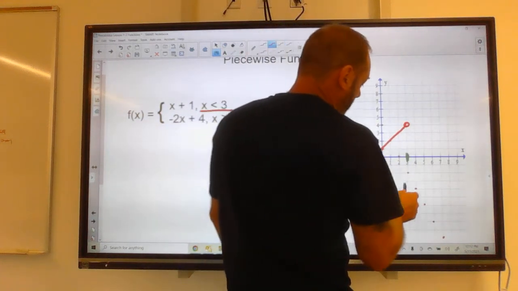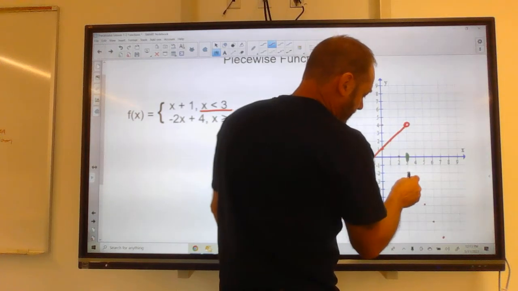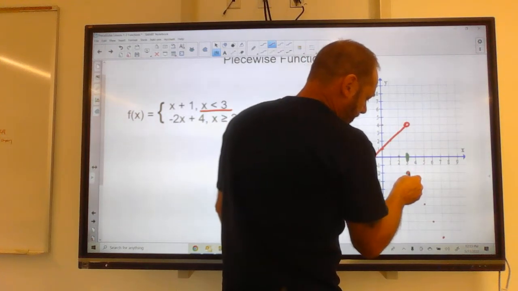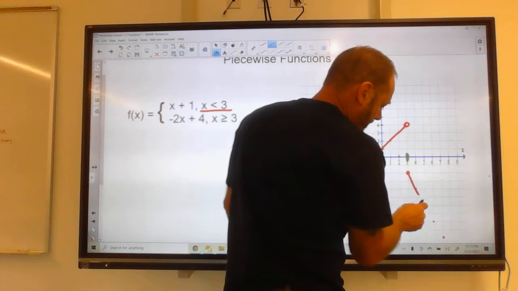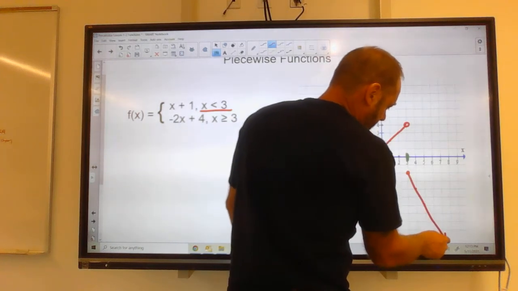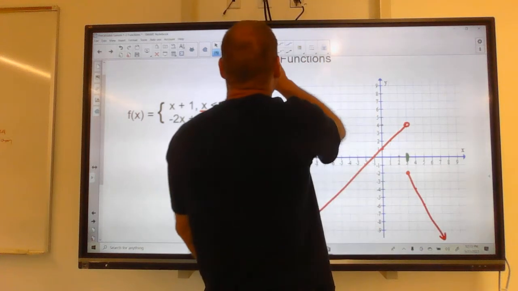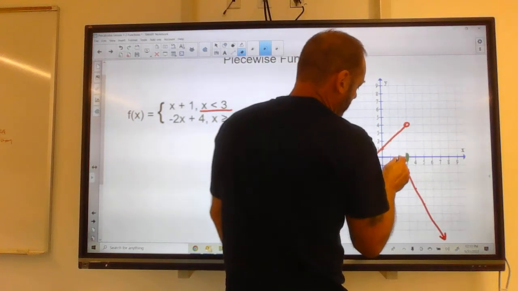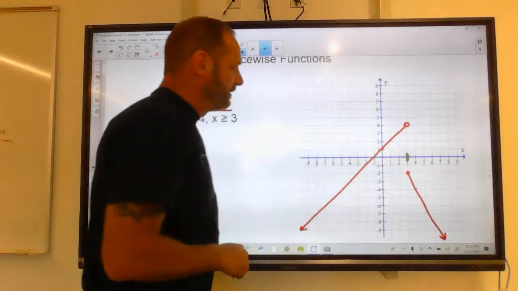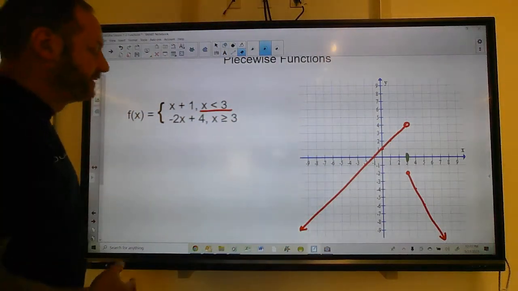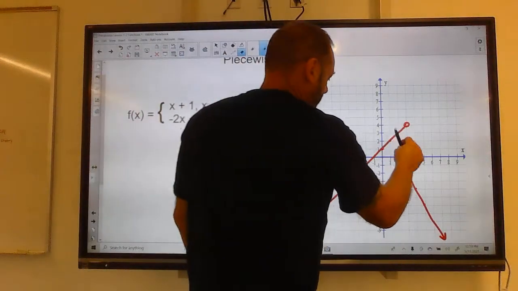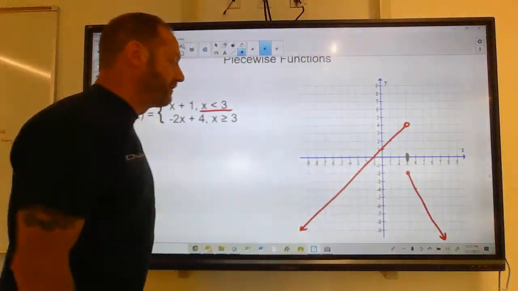Now I only want that from 3 on, so that's going to be equal to, so there's a closed dot here, and then I go back and I don't want those points. So there's my graph. It's this line when x is less than 3, it's that line when x is greater than or equal to 3.